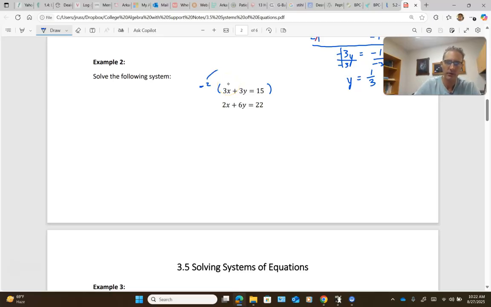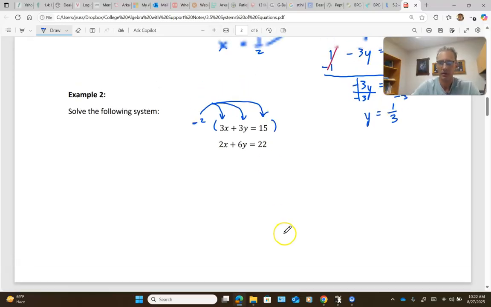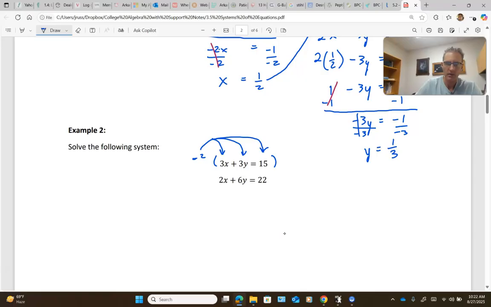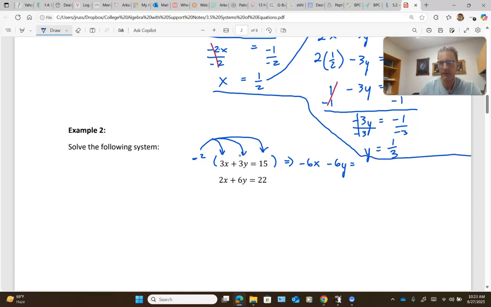All right, so the first thing I'll do is multiply that entire top equation by -2. That'll give me a new equation. -2 times 3x will give me -6x. -2 times 3y will give me -6y, equals, and I need to partition this because I wrote a little bit too far down.